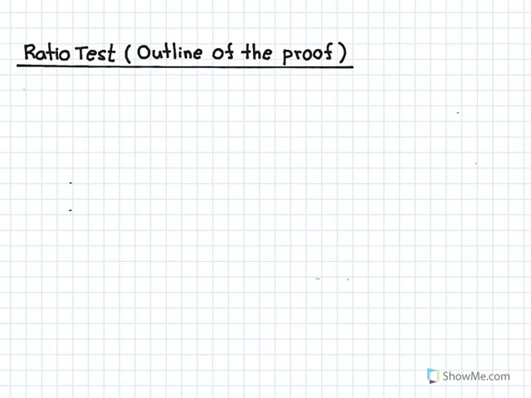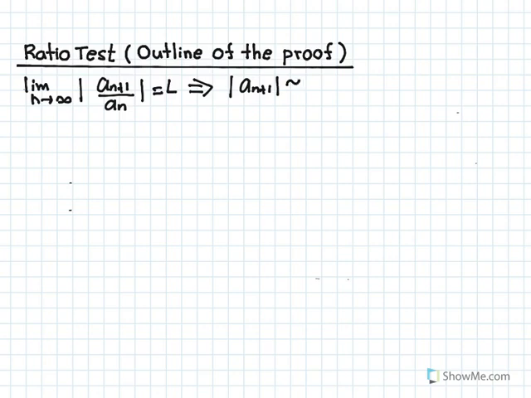So let's look at an outline of the proof of the ratio test. Here we have the limit as n approaches infinity of a sub n plus 1 divided by a sub n is equal to L. Now for large n, the absolute value of a sub n plus 1 is approximately equal to L times the absolute value of a sub n.